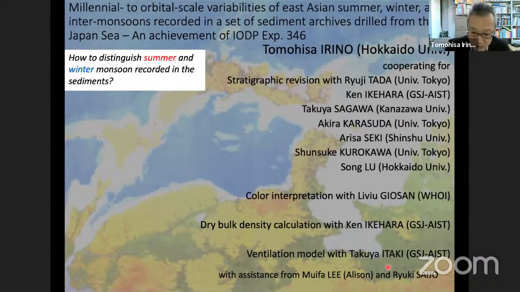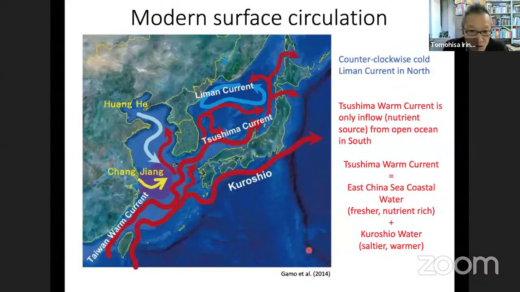Anyway, I'd like to start with the modern oceanography of the Japan Sea. The surface circulation: the Japan Sea is a semi-closed, enclosed marginal sea, and the surface water is only provided from the southern strait, Tsushima Strait, as the Tsushima Warm Current.